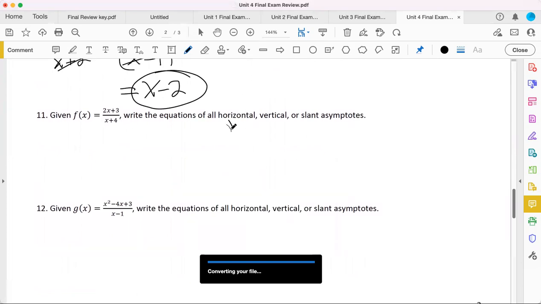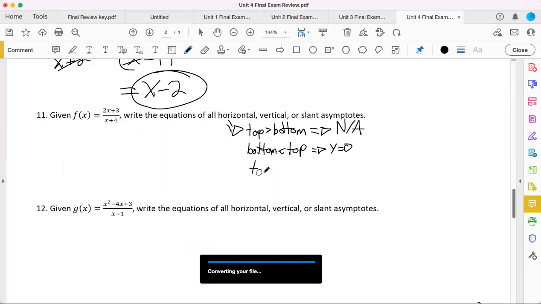Key thing though, the horizontal asymptote had a bunch of rules, like, if the top degree is greater than the bottom degree, what did that imply? If the bottom was greater than the top, this would imply that your horizontal asymptote is y equals 0, whereas the other would imply that there's none.